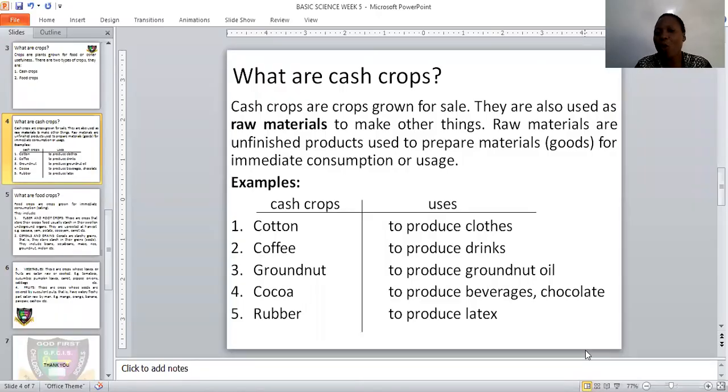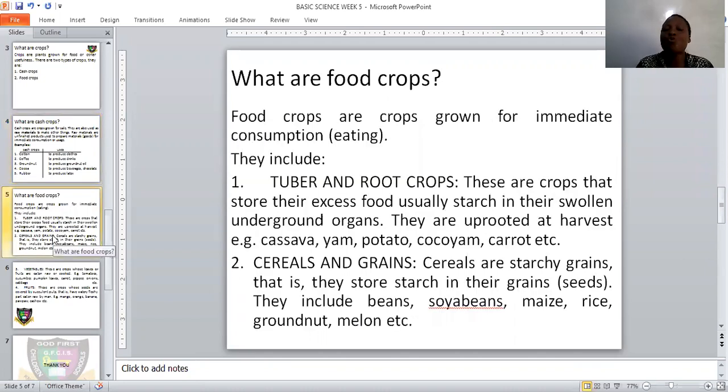The other type of crops is food crops. What are food crops? Food crops are crops grown for immediate consumption. Remember, I told you that cash crops are grown for future use.